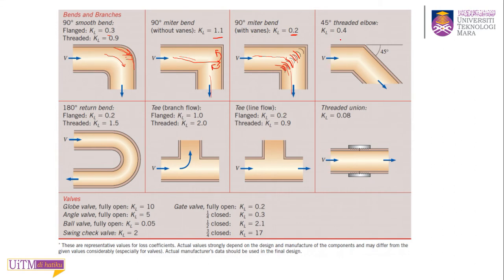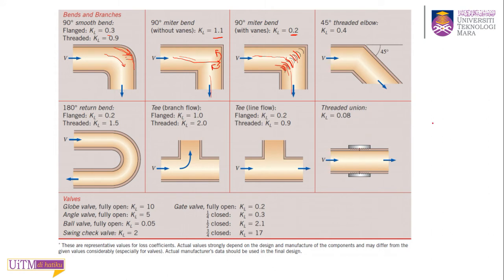Similarly, the 45 degree bend has a loss coefficient. For this 180 degree return bend there is also a loss coefficient. And for this T junction, you have your loss coefficient. The T line flow also has a loss coefficient, and the threaded union also has a loss coefficient.